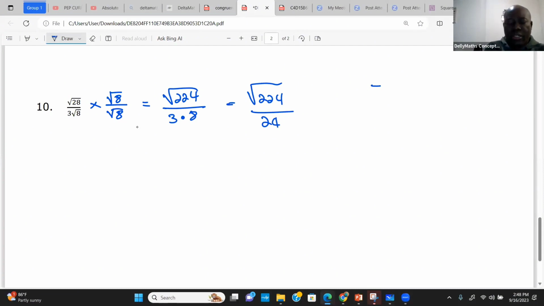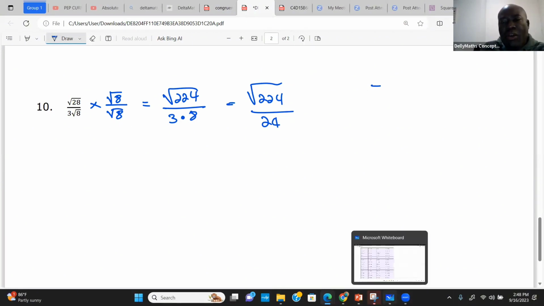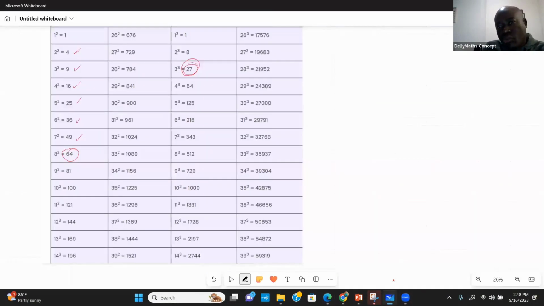What we want to do, though, is to see if there is any square number that could divide into 224. So if this is 224, we're checking these numbers to see if they are factors quickly, right? 224 divided by 4 will give us 56, so 4 and 56 can work. But you also want to make sure that the numbers are good, right? If you try 16, 16 works with 14.